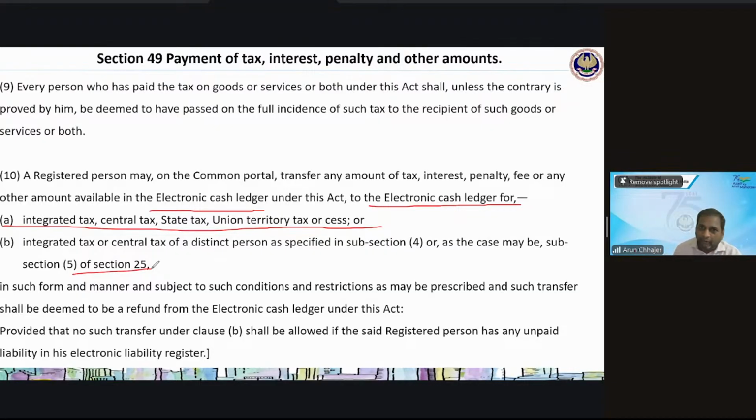If I have an amount under IGST within my GST number, I can transfer this amount to any other head, minor head and major head. Second, I can transfer this amount to another GST number under the same PAN. But SGST cannot be transferred. You can transfer IGST, you can transfer CGST.